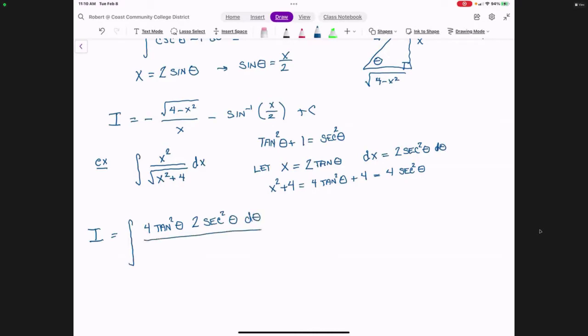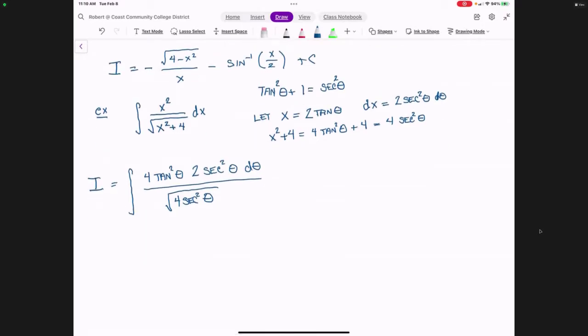And then down here, we're going to have the square root of 4 secant squared theta. Okay, now again, there are no bounds here, so we're okay. The square root of secant squared is just secant of theta.